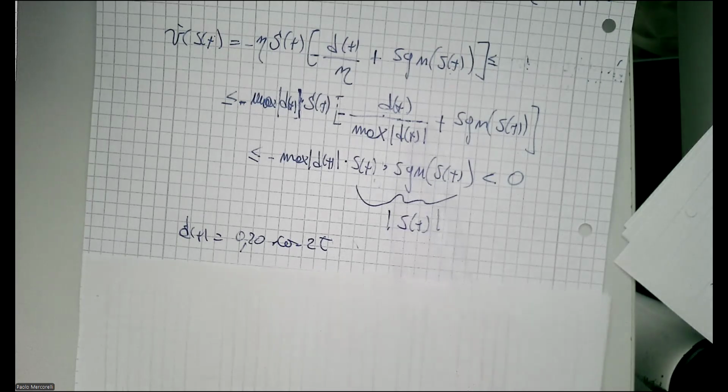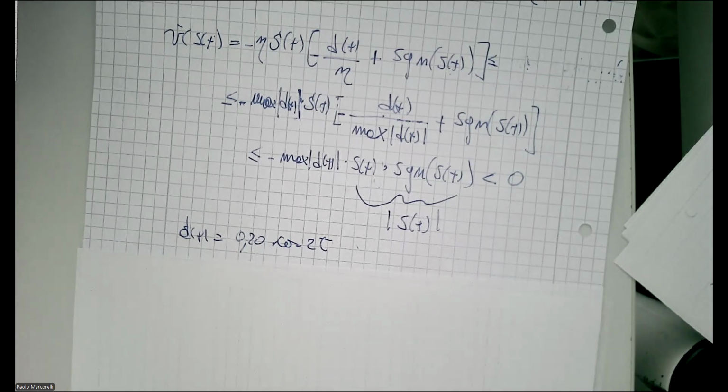You can do it in this form here. As I told you before, it is very important to understand that eta must overcome the sum of disturbance 1 plus the sum of disturbance 2 plus the sum of disturbance 3 and so on.